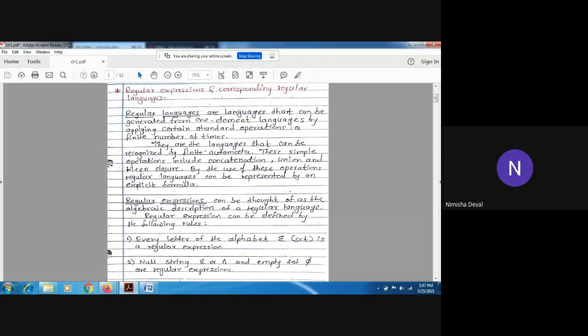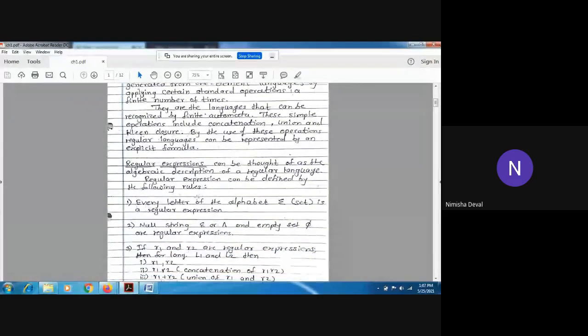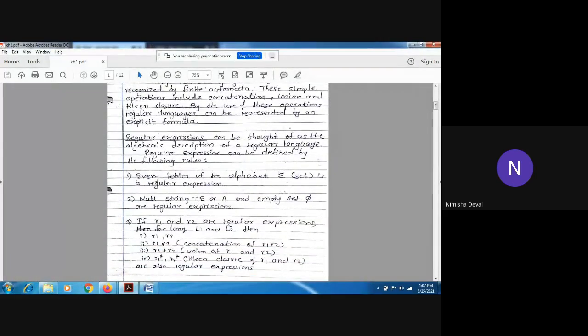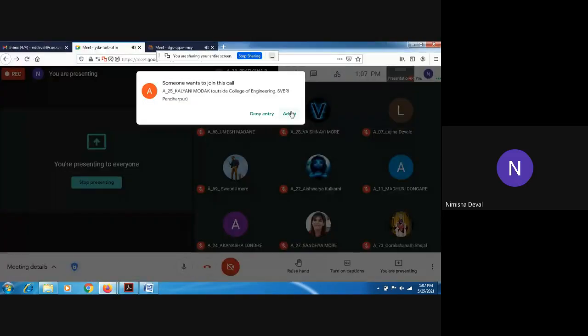But we have not solved any example which will be asked for your exam. We saw the regular use of regular languages and regular expressions, and then the main three rules which are applicable to find out the regular expression.